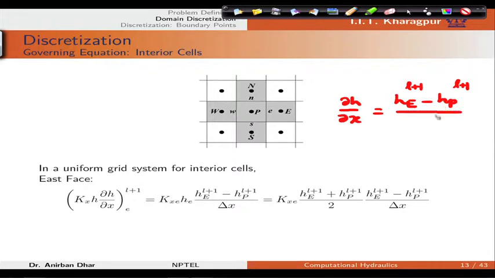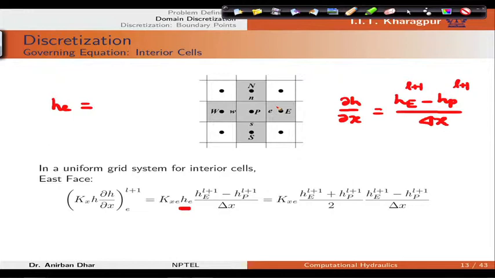This comes from the concept of implicit scheme, because we are using l plus 1 index for time, and for the spatial derivative we are utilizing the concept of finite difference. Now, this is h e. What is this h e? h e is the h value at the face.